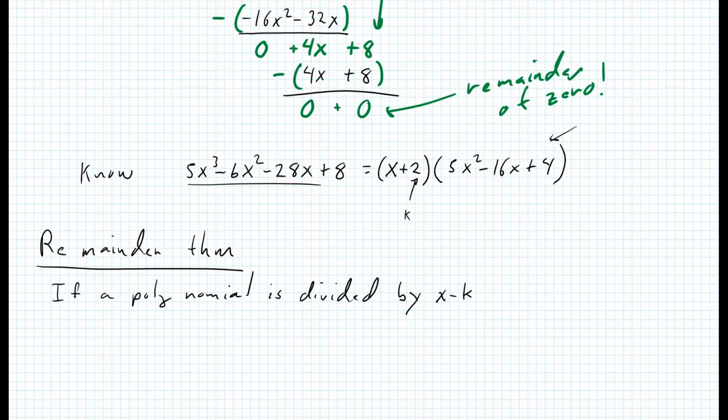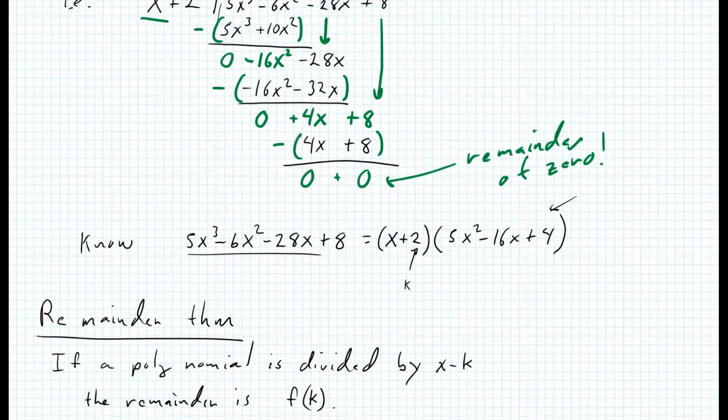So x minus k. The remainder is f of k. That's kind of surprising. Let me go up and see what that means.